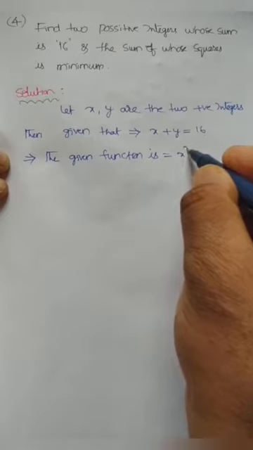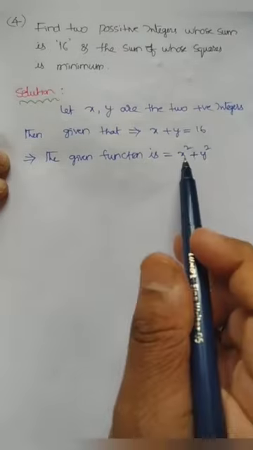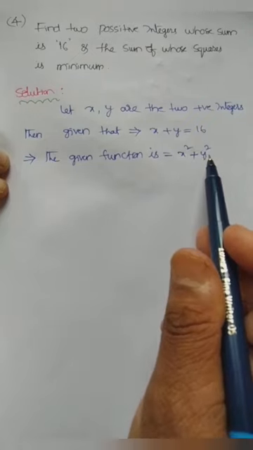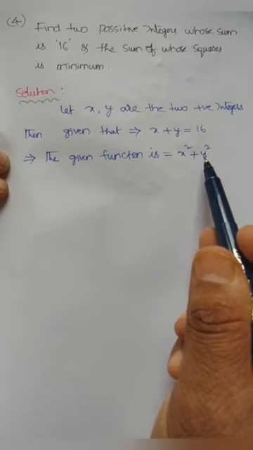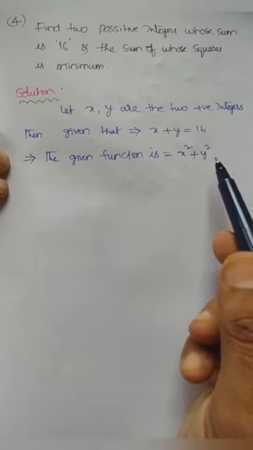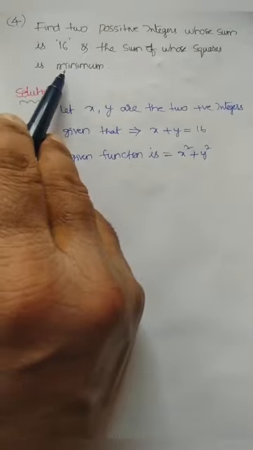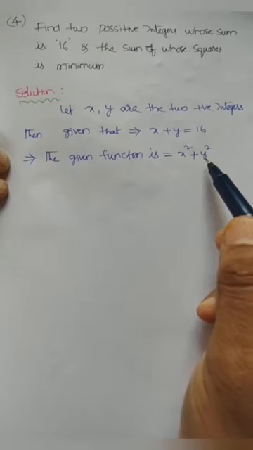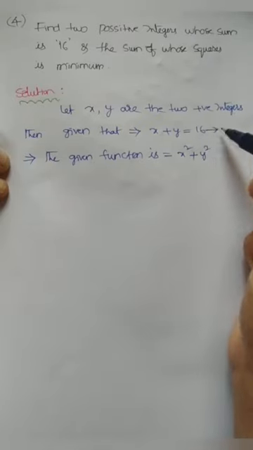So x square, y square, its sum means the function is equal to x square plus y square, as given. So now I want to change this function in terms of x or in terms of y, so that we can easily find its minimum. So I am going to change y in terms of x from this equation. This is equation number 1.